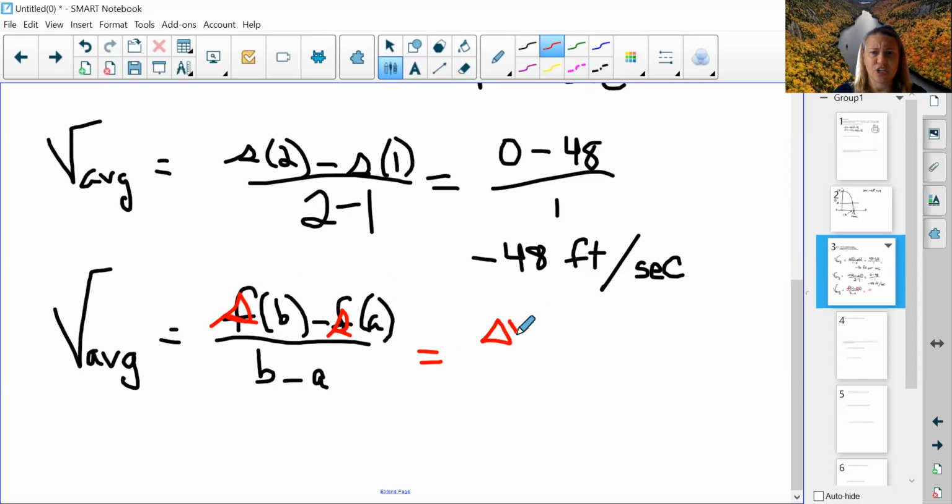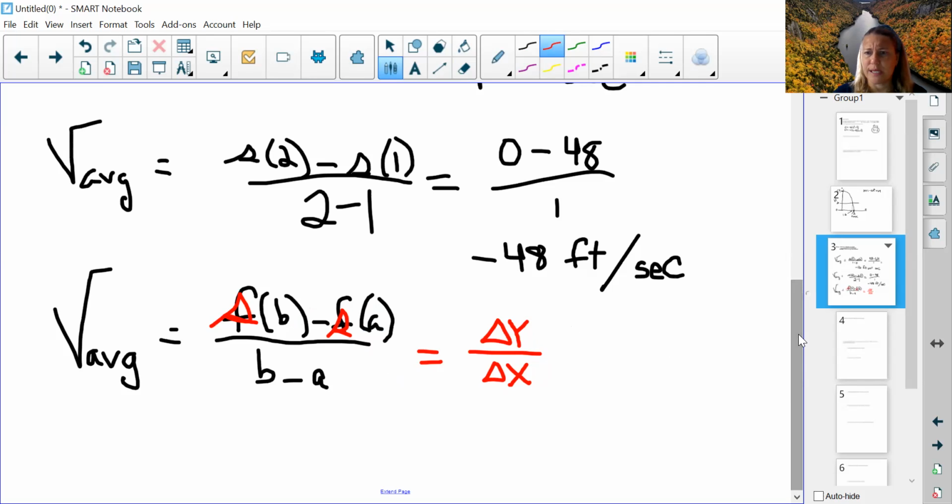This is just change in Y over change in X. Because what did Y stand for? Y stood for my position, so change in position, and X was time. So it's the change in position or height compared to the change in time. That's how I find the average velocity.